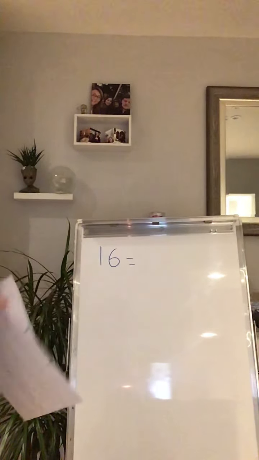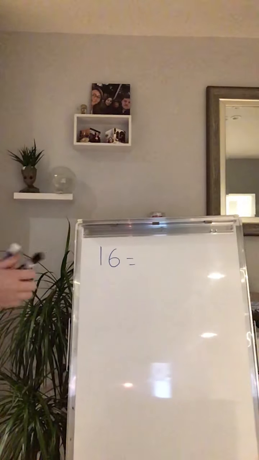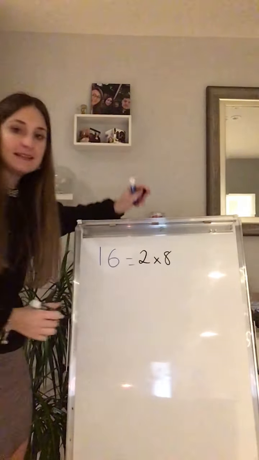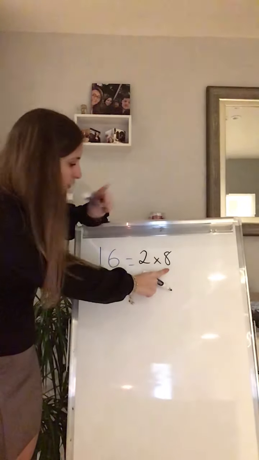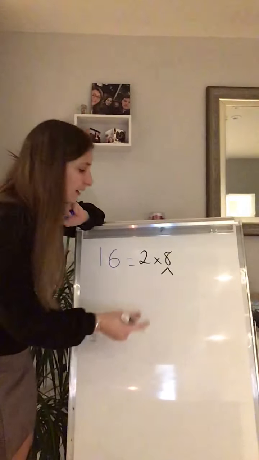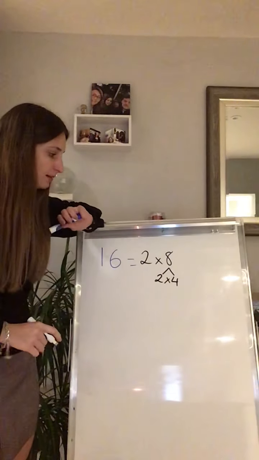Well, 16. I know that 2 times 8 makes 16. But then I also know that 8 is not a prime number. So, how can I get 8? I know that 2 times 4 is 8.